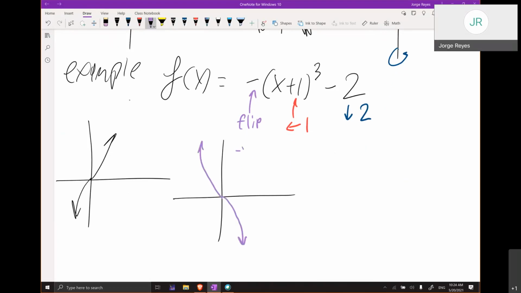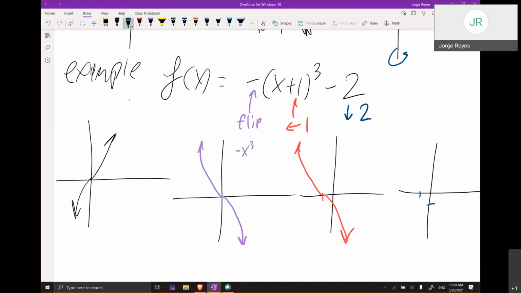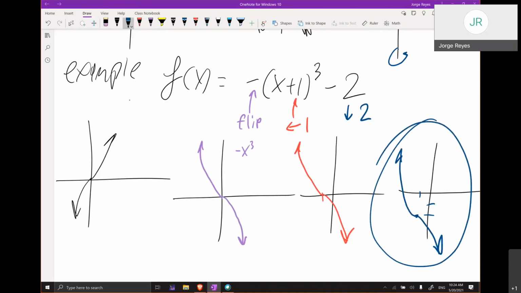This is negative x cubed. And then do your translations. So then I'm going to go to the left 1. And then I'm going to go down 2. And ta-da, there is my answer.